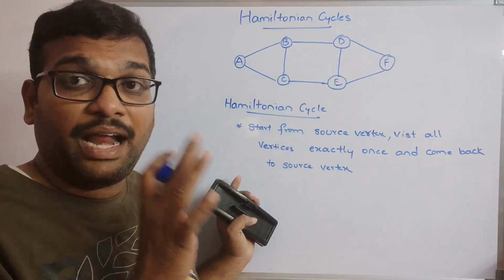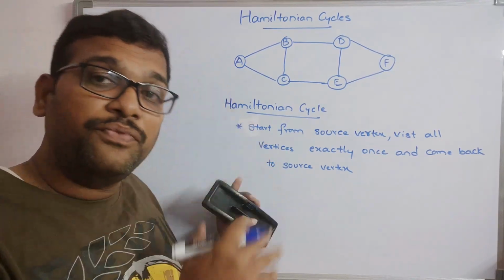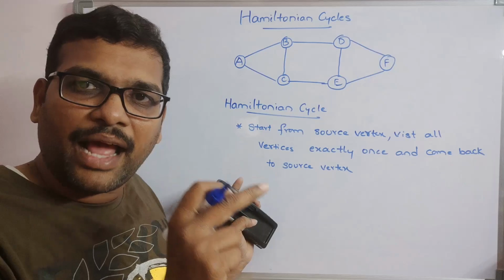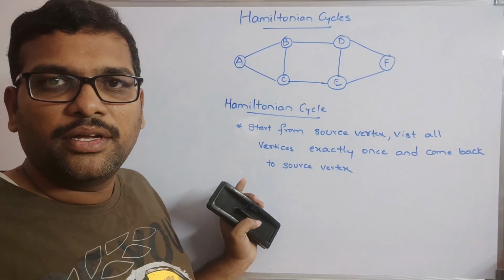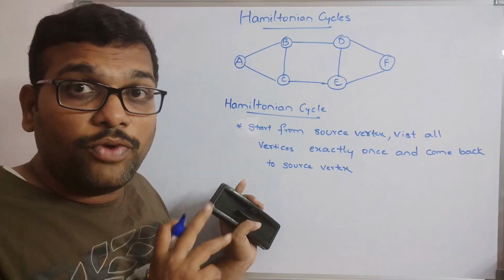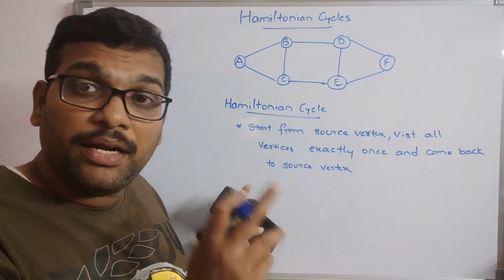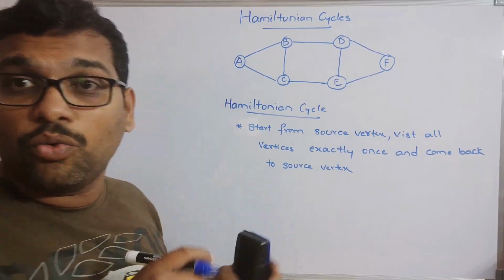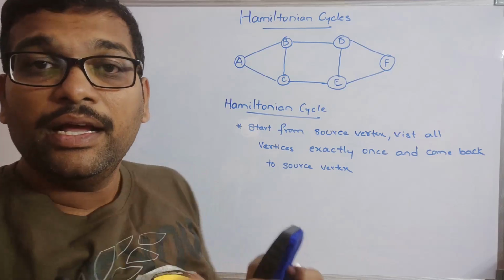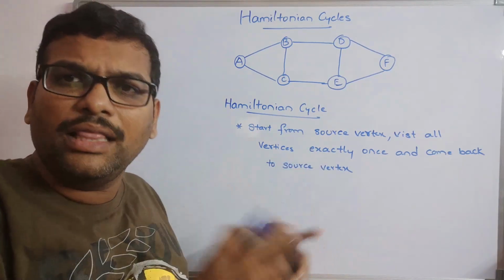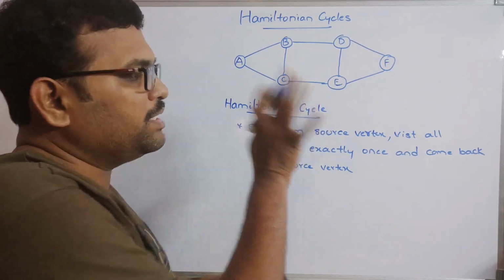That means the traveling salesperson has to start from the source vertex, visit all other vertices in the graph, and come back to the source vertex with a minimum cost. There also we will get a lot of cycles, a lot of paths, but we select only the optimal solution, right? But here we are finding all the possible paths. Okay, so these are Hamiltonian cycles.